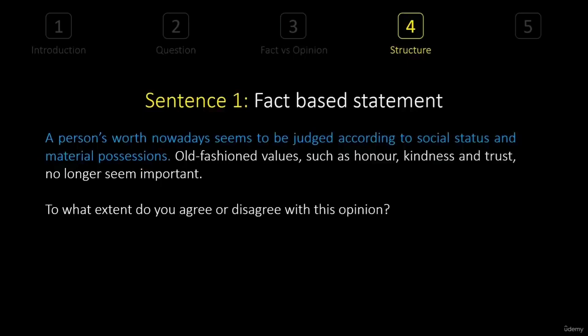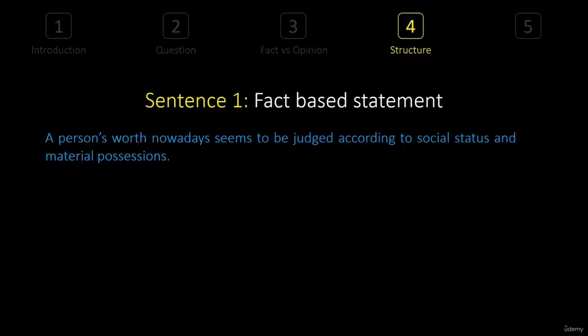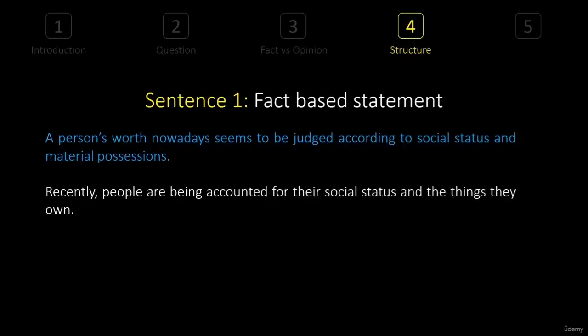Now look, this is fact-based. I'm going to get rid of the rest of it, and I'm going to provide you an example fact-based sentence, which could be our first part. We have 4 parts in an introduction. This would be the first sentence in the introduction. Recently, people are being accounted for their social status and the things they own. What did I do here?